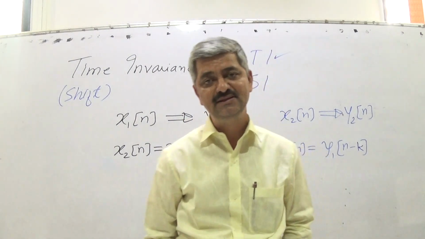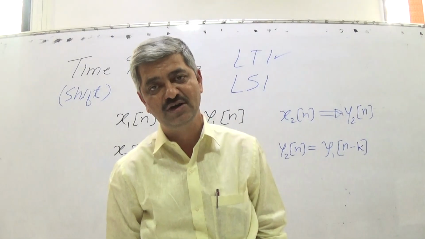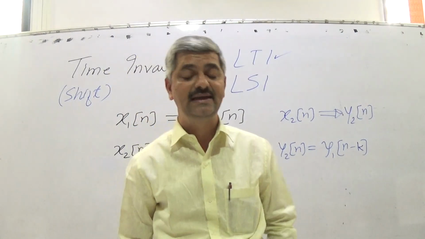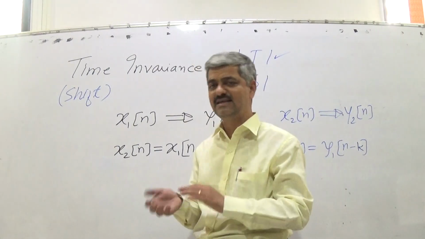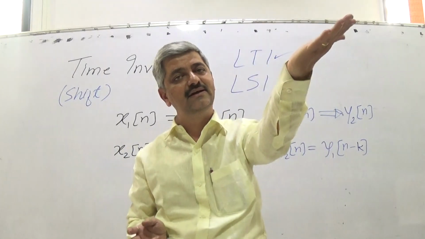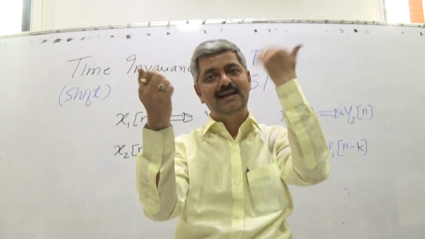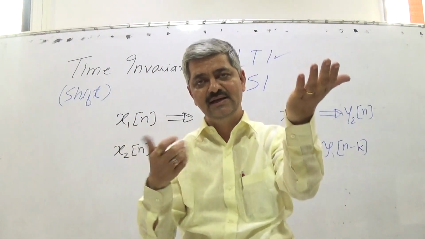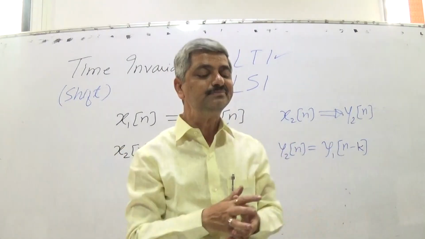If it doesn't happen, then it is not time invariant, also called a time variant system. Now, linearity is one property, time invariance is a different property. So, linear time invariant, linear time variant, non-linear time invariant, non-linear time variant. There are 4 combinations.